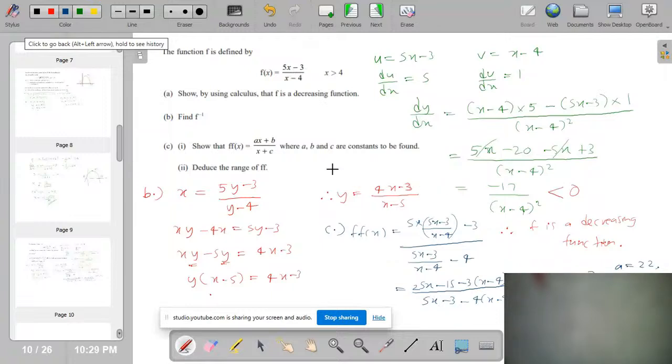Again, range of the composite function is within the range of the original given function. I'll show you how to find out that. I will go to the other side to show that.